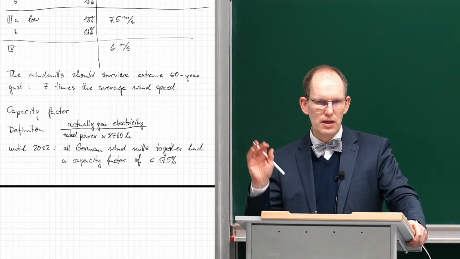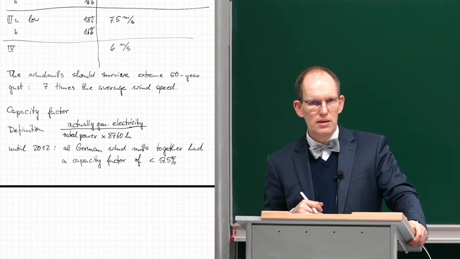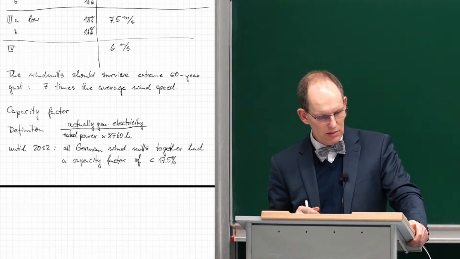Scottish windmills, of course, they have more wind than we have. They were at 24% or something like that.